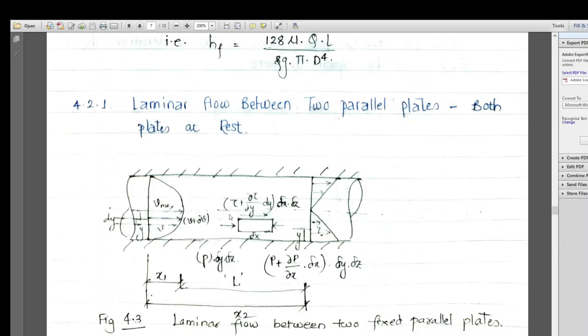Now we have considered a small rectangular part of this figure whose length is delta x, and this small rectangular part is at a distance y from this fixed plate, and the velocity is small v.